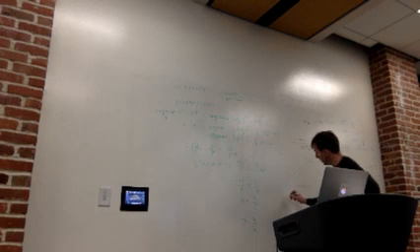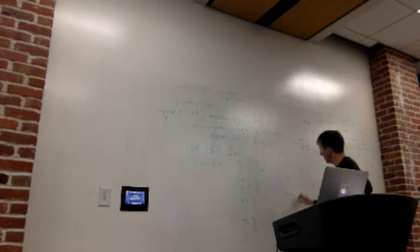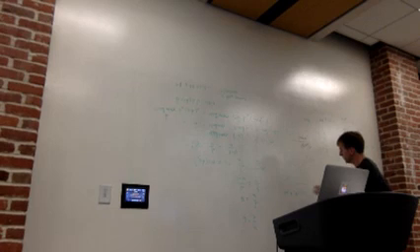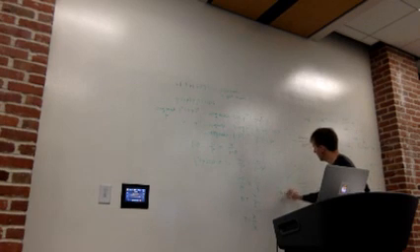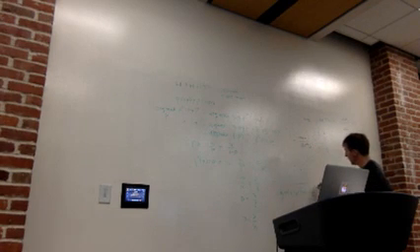If you recall, for the Gaussian distribution, the logarithm of the probability of x given some mean is proportional to negative x minus mu squared.